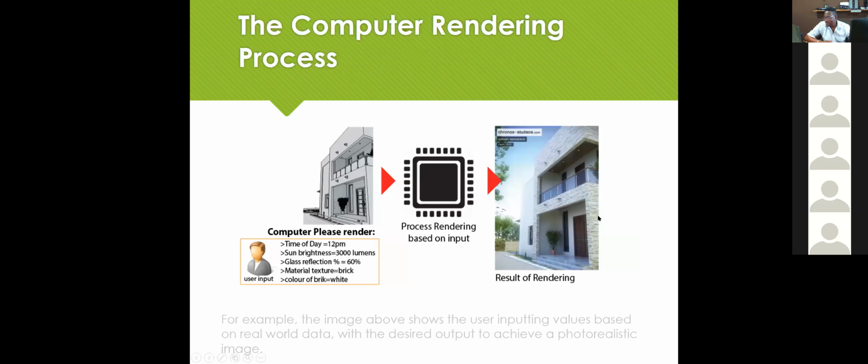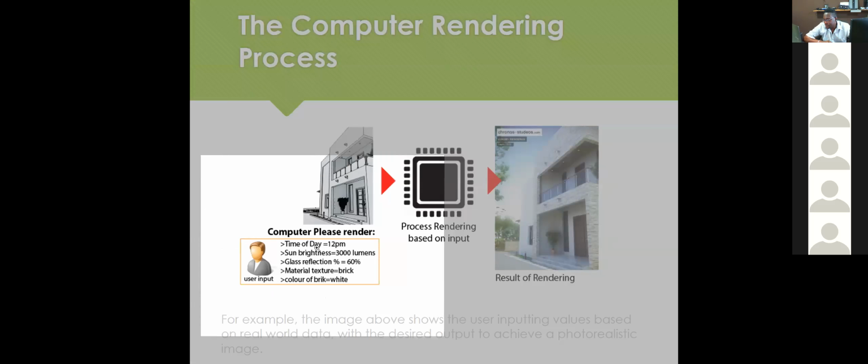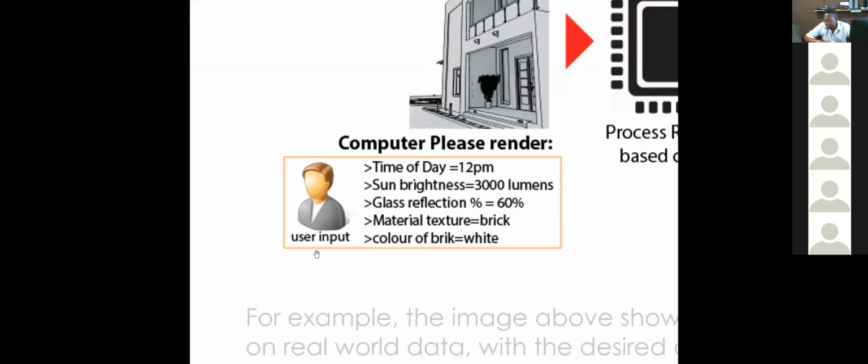To each his own. So anyway, generally for the process of rendering, basically you put in some values and there is some kind of computing power, that same thing that replaces our brain in the case of hand drawing, that calculates these things. So if you look at this image I'm showing you here, if we zoom in, you can see we put in a couple of values.